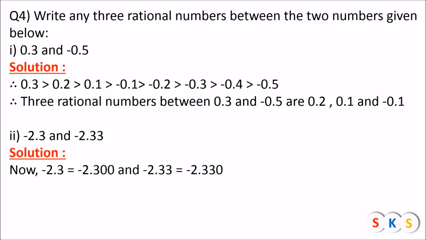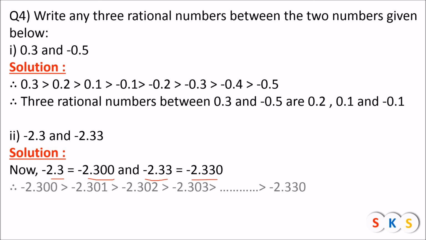Minus 2.3 can also be written as minus 2.300, and minus 2.33 can also be written as minus 2.330. The meaning of the number will not change.